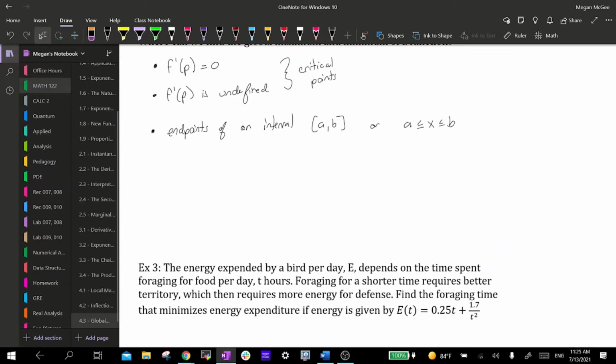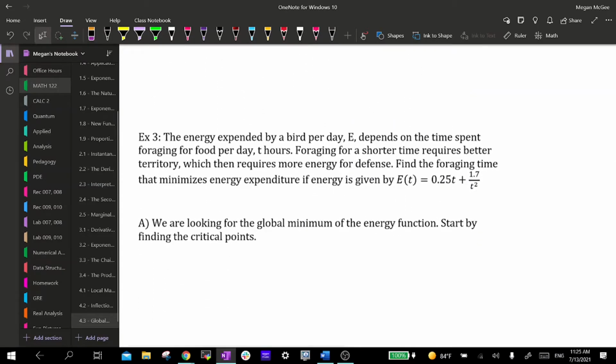All right, so example 3. The energy expended by a bird per day is E, and it depends on the time spent foraging for food in t hours. Foraging for a shorter amount of time requires better territory, but then that requires more energy for defense. Find the foraging time that minimizes energy expenditure if energy is given by this function here.